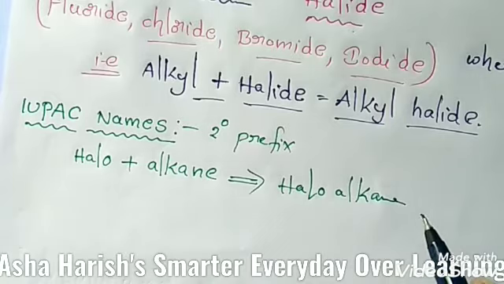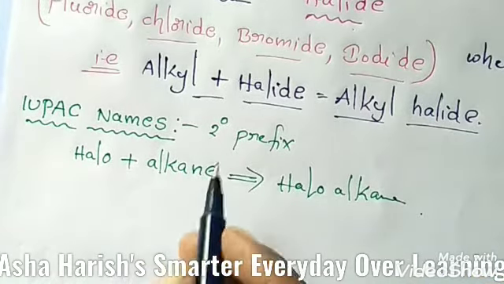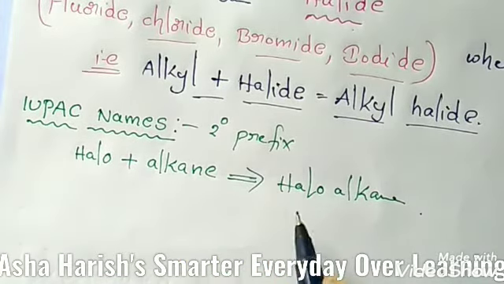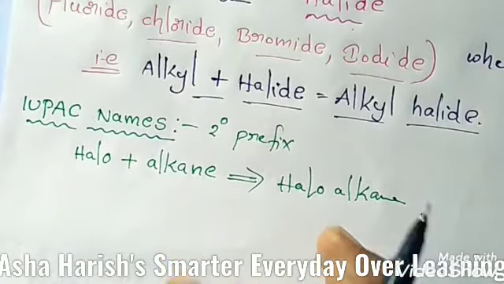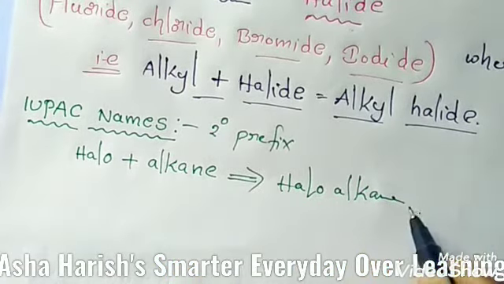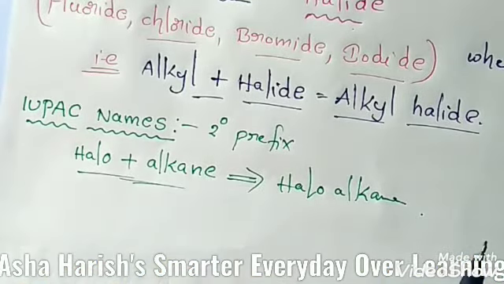In case of dihalogen derivatives, the positions of both the halogen atoms are indicated. If two halogens are present in that particular compound, you should indicate both halogen atoms. The IUPAC and common names of some important haloalkanes I'm going to give you.